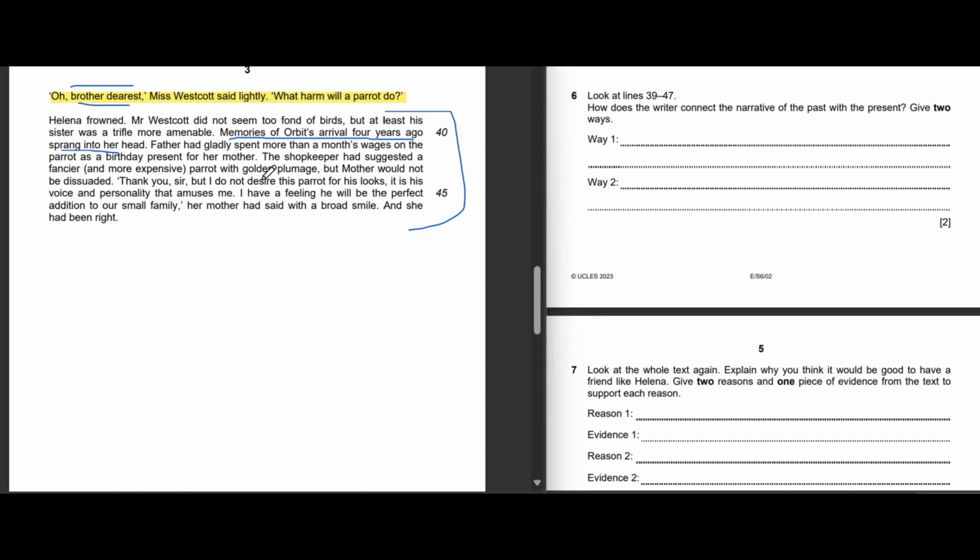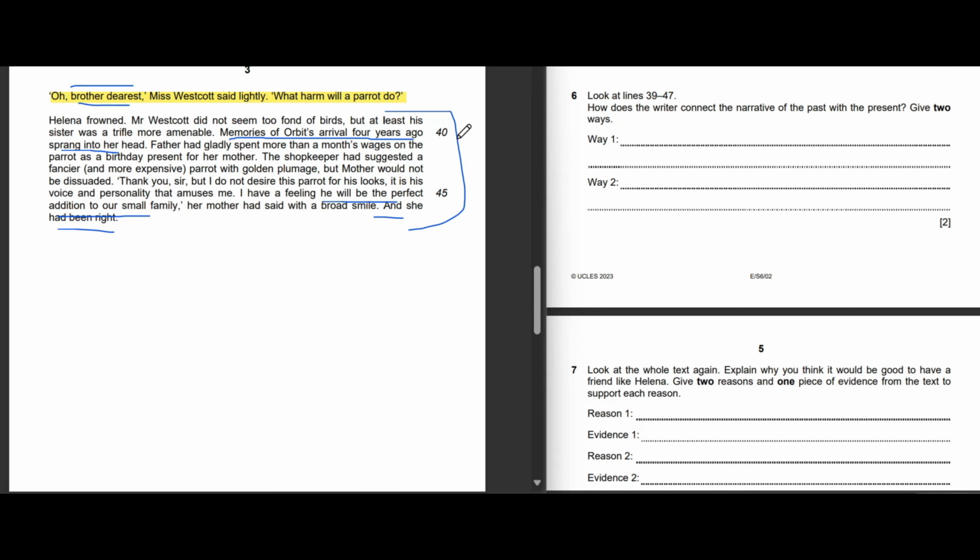And we can see in here that I have a feeling he will be the perfect addition to our small family, and she had been right. So that is how the writer connects the narrative of the past with the present.